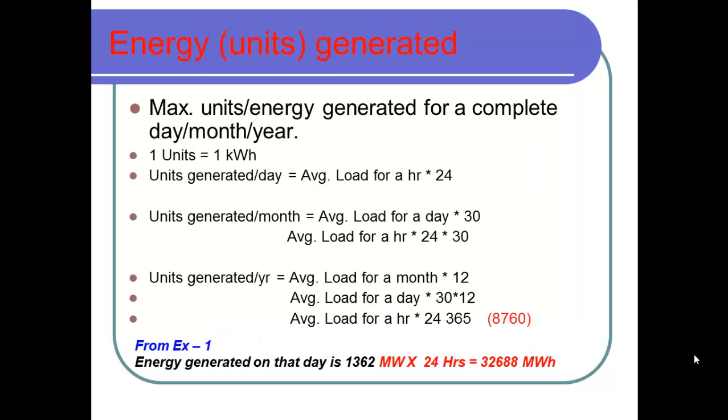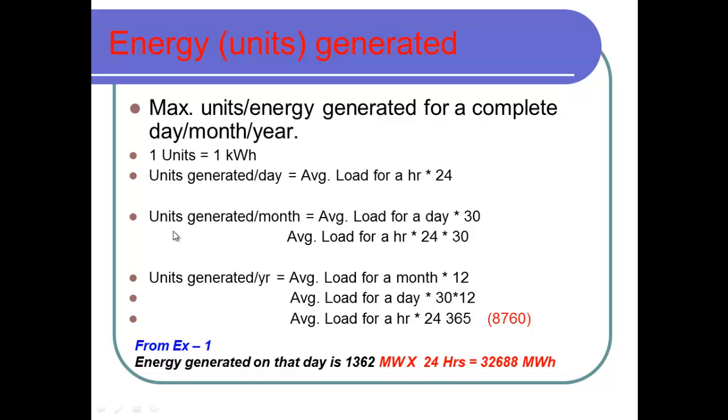Energy generated, the maximum units or energy generated for a complete day, month or year. How to calculate this? One unit equals one kilowatt hour, and units generated per day we can calculate from the average load for an hour into 24 hours. If the average load is per hour, then we simply multiply by 24, and that gives the complete day's energy generation.